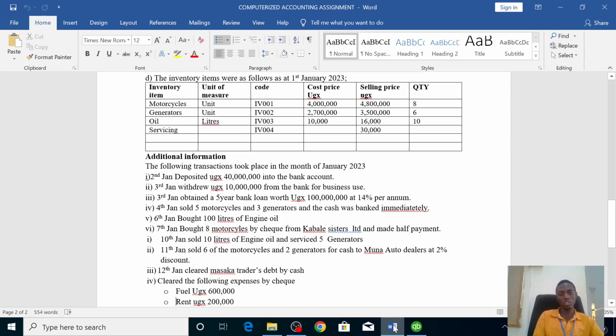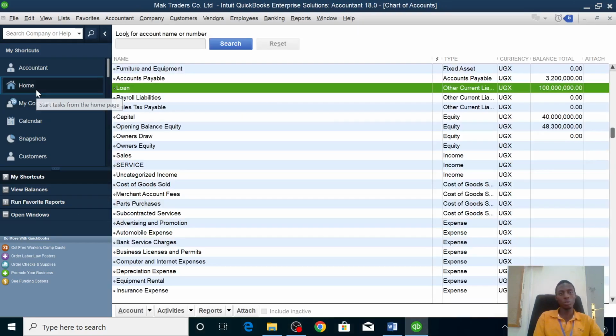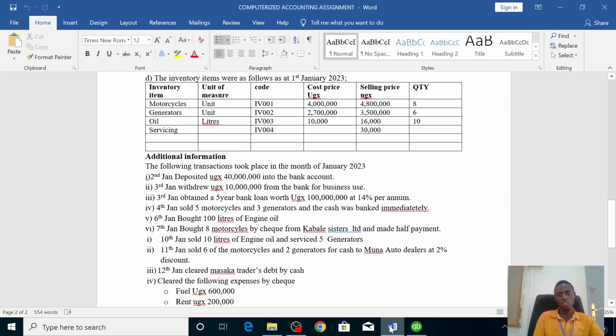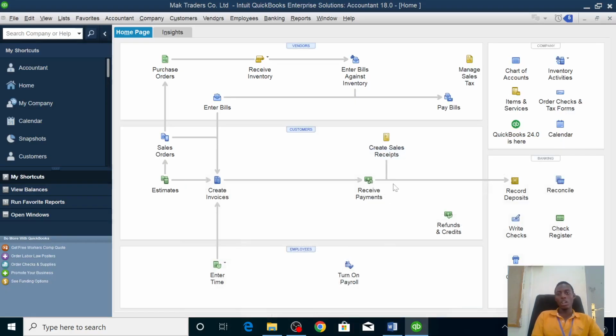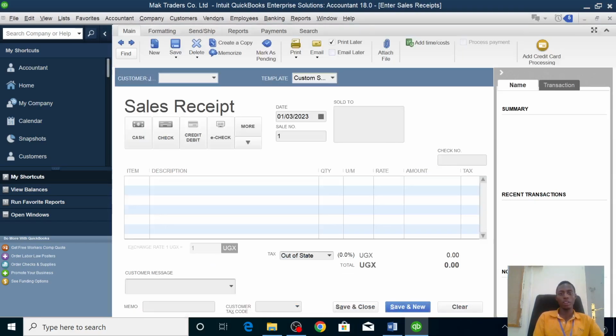Then my next transaction is on 4th, sold, those are sales, so I can save and close. Then I move home. Sold 5 motorcycles and 3 generators, and cash was banked immediately. I come to create sales receipts. The date is 4th.